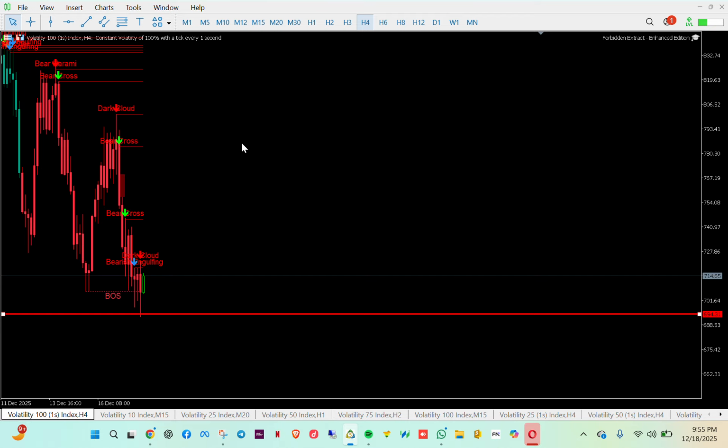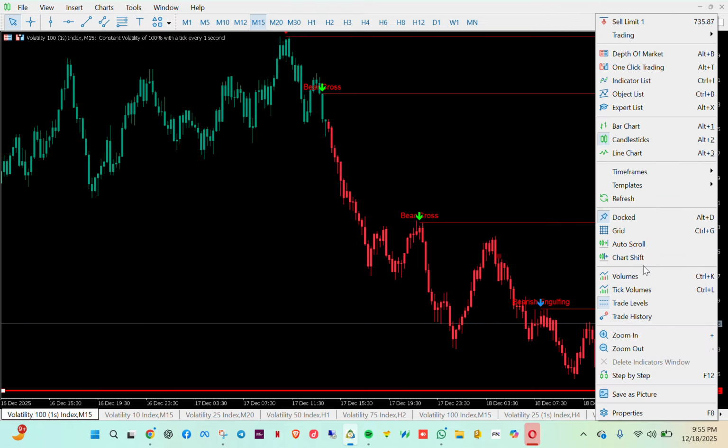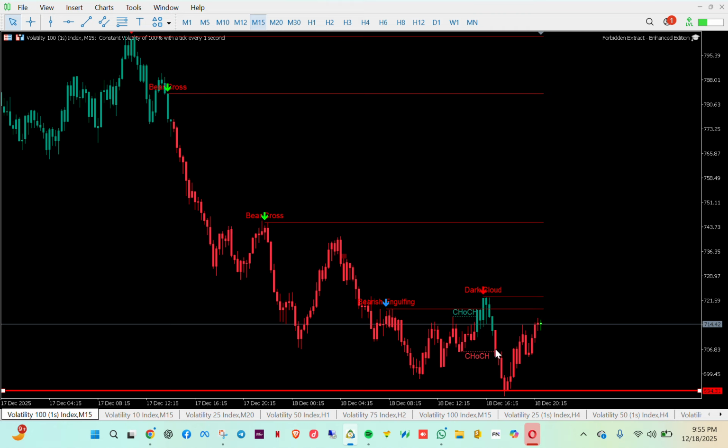So if you go to a higher time frame, and the higher time frame is showing sell, but on the 15 minutes time frame it is showing buy, what you just need to look out for is this change of character. If here is where you have the change of character and a BOS, break of structure, you know that it is a confirmation of the sell, because the higher time frame, which is 4 hours, is showing you sell.